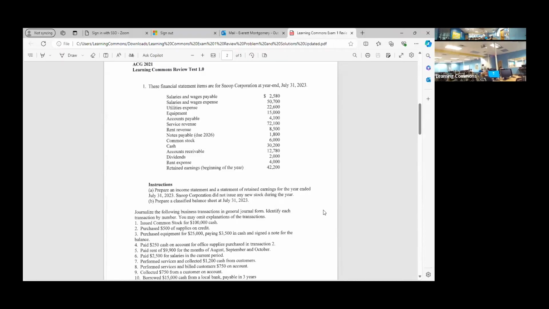The only thing I should see in the balance sheet is assets, liabilities, and equity.